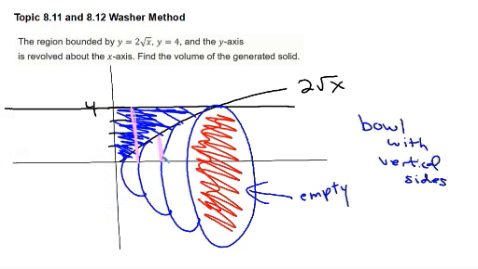So when I slice a piece off of this figure, what I'm going to get is a washer, like you would put around a bolt. And so there's a hole in the middle. It is the same exact problem as what we did before, but now we need to subtract outer minus inner.